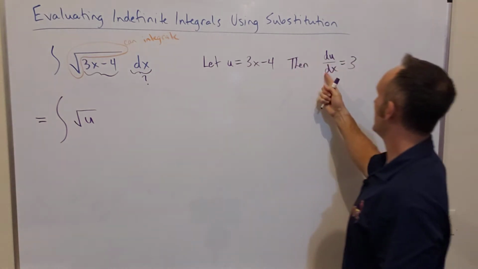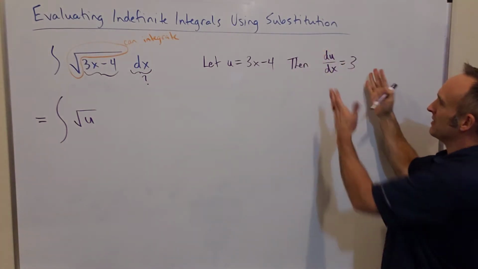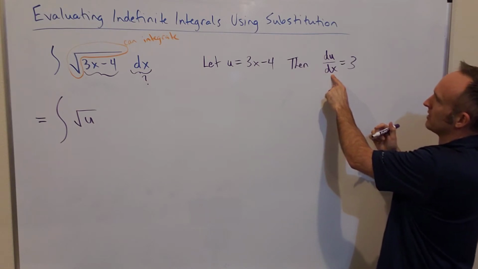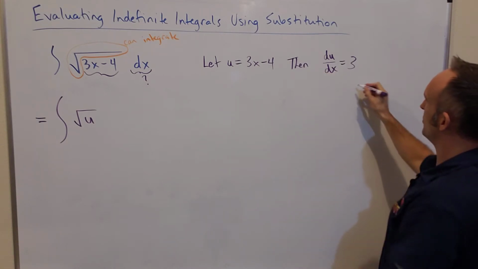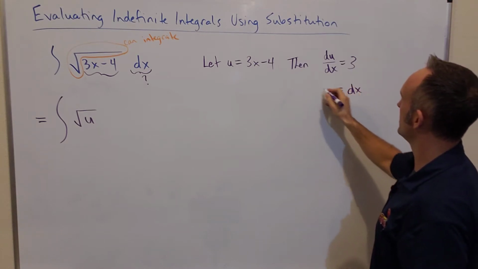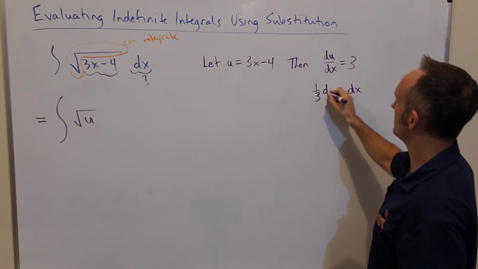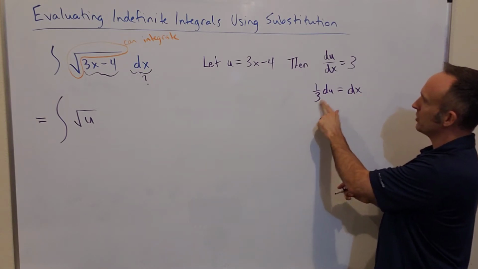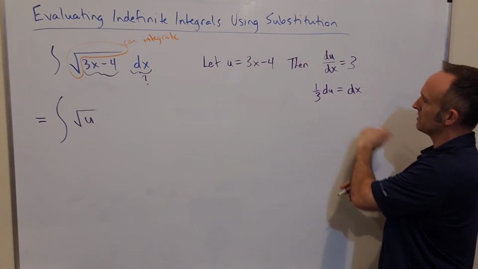So I've got to come over here, and basically it works like this. I'm solving for dx algebraically. So I can multiply both sides by dx, and I could divide both sides by 3, just using basic algebra, and I can see that dx equals 1/3 du. Okay, just some basic algebra.